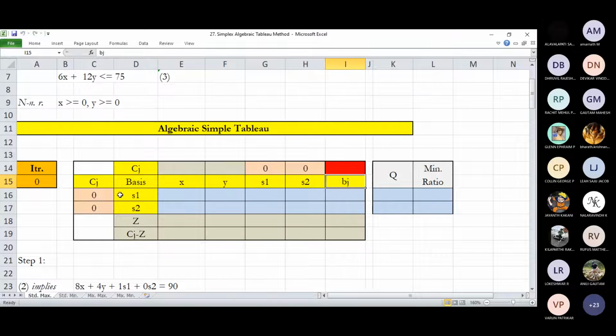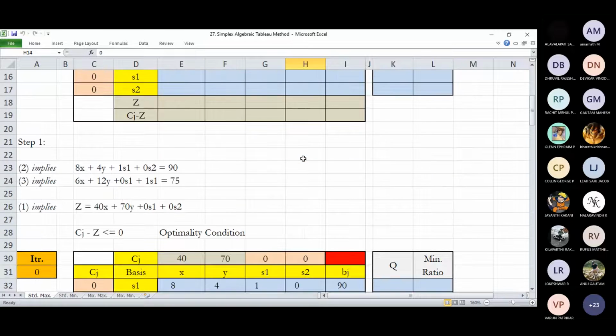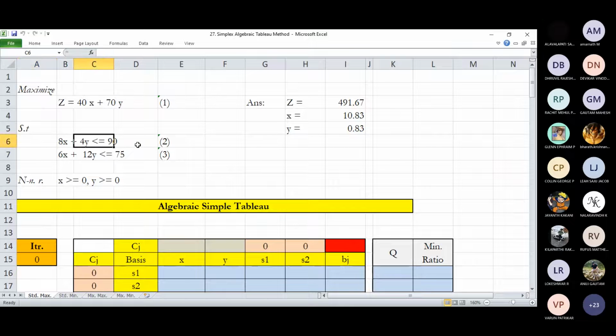Right. Then Cj, which is the coefficient of S1 and S2. So we know that the coefficient of S1 and S2 is 0. To do so, in equation 2, which is the constraint, in order to convert this less than or equal to constraint, we'll add a slack variable, plus 1 S1.